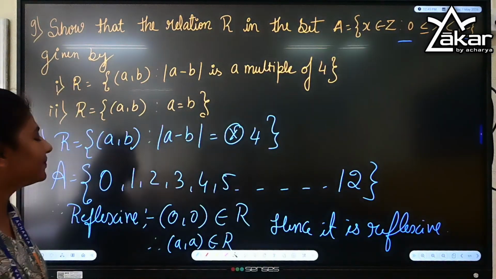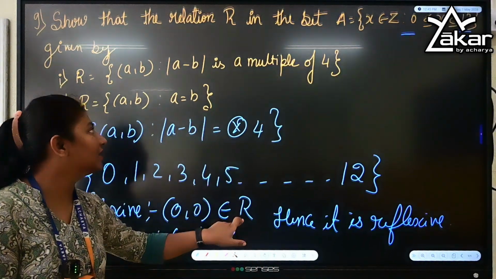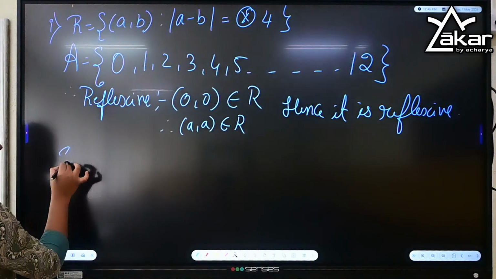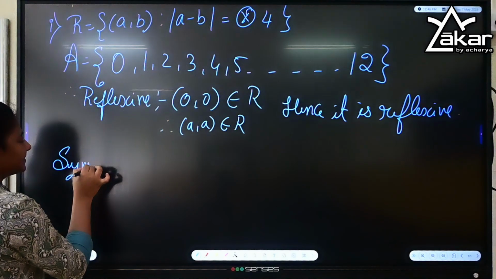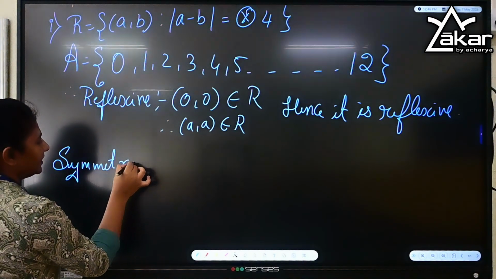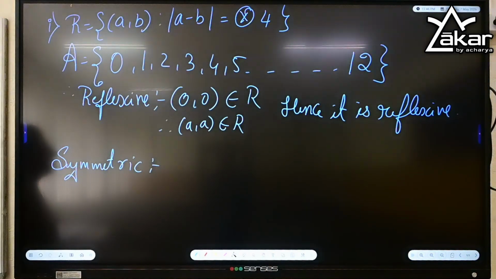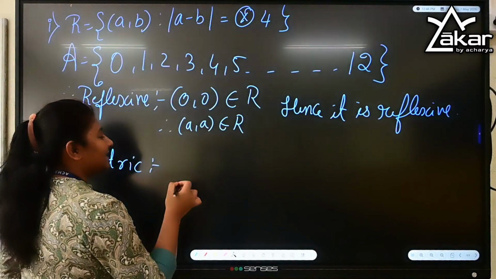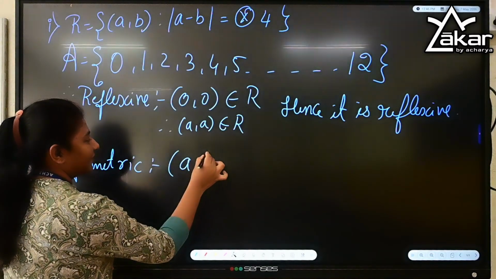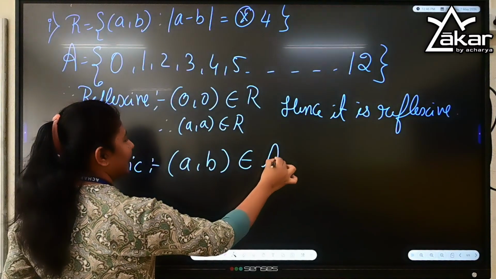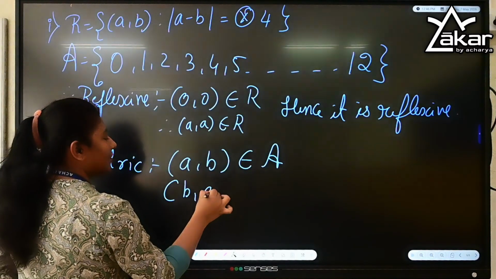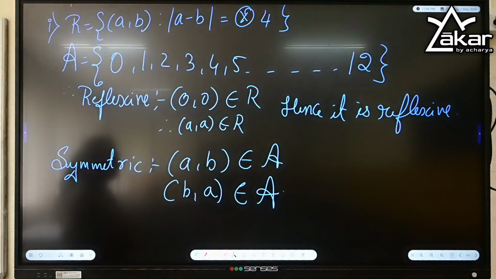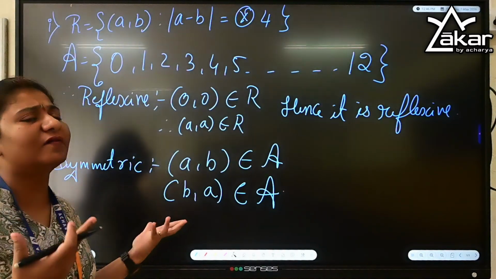Next, in the same way, you need to prove the symmetric condition. Is it possible? Yes. Let us check. According to the symmetric condition, for the elements (a, b) belonging to R, obviously (b, a) also belongs to R. In the symmetric condition, you take any random elements.